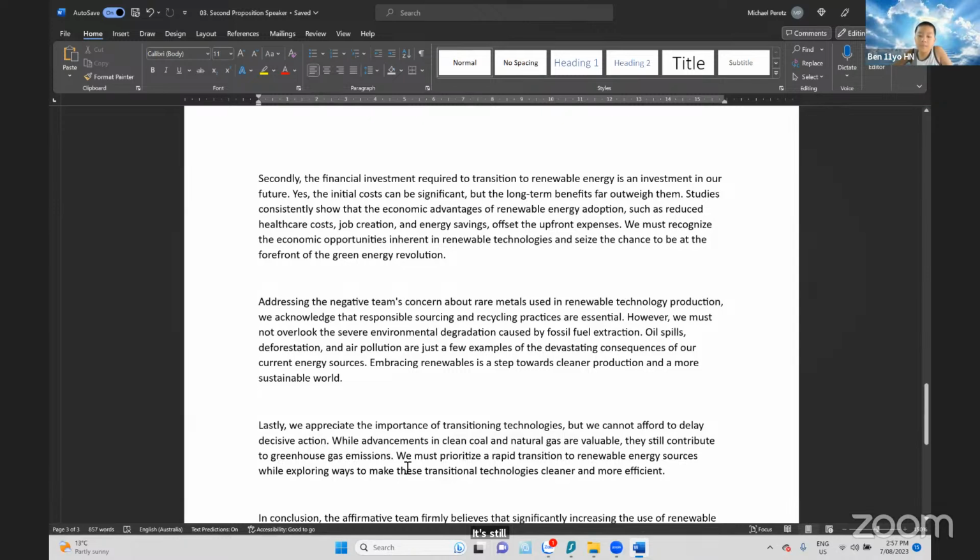We must prioritize a rapid transition to renewable energy sources while exploring ways to make these transitional technologies cleaner and more efficient.